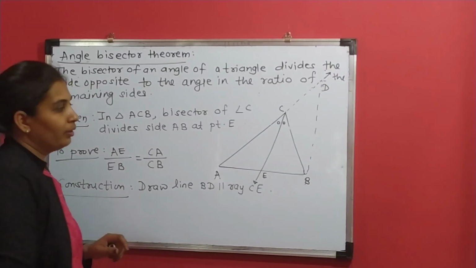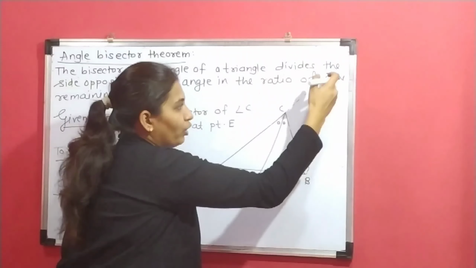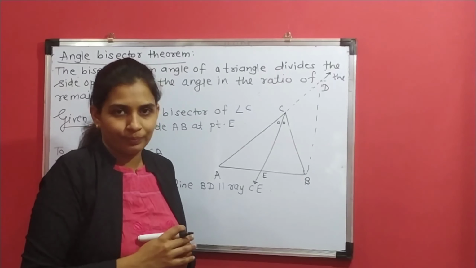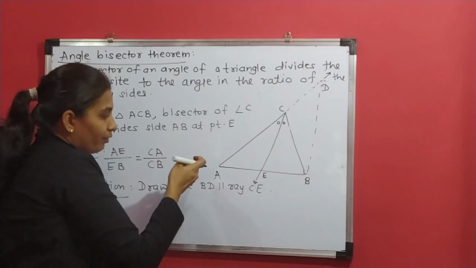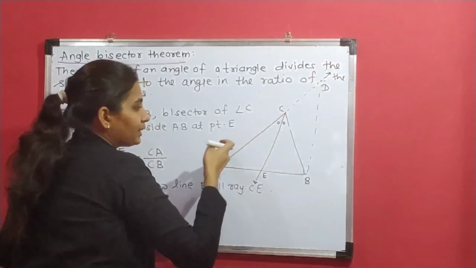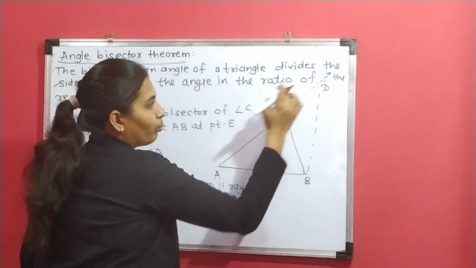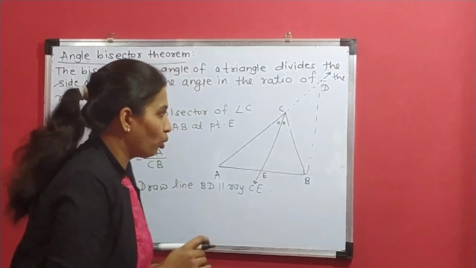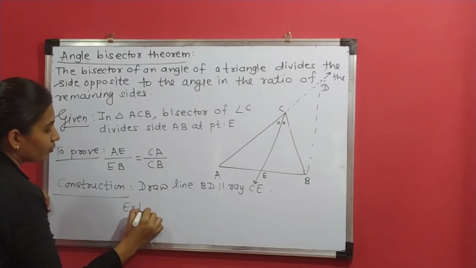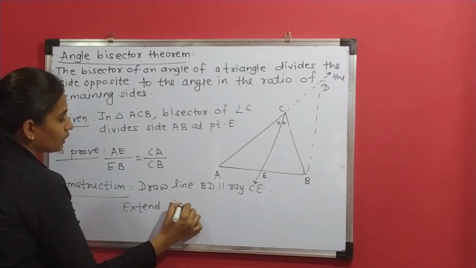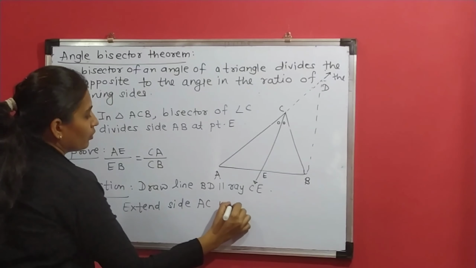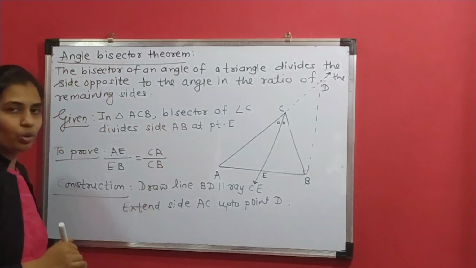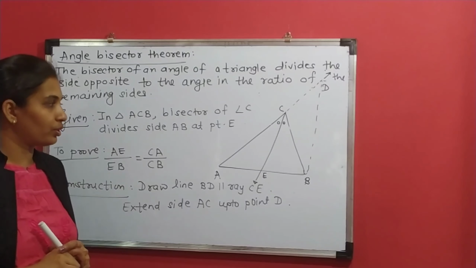Okay, what have we done? We drew BD parallel to ray CE. Okay. Now we have to extend side AC up to point D so that it can intersect BD. So extend side AC up to point D. Okay, this is our construction.